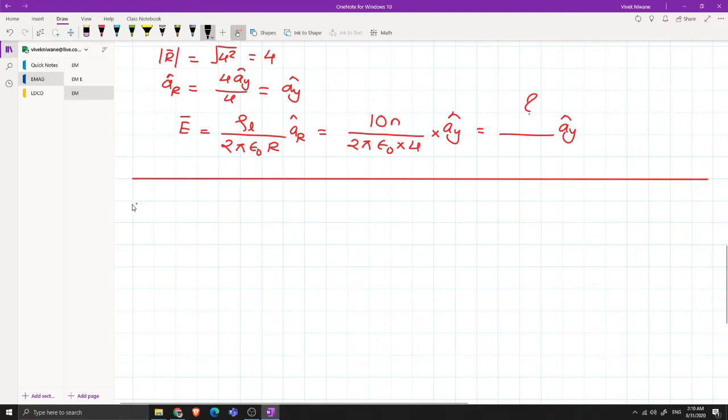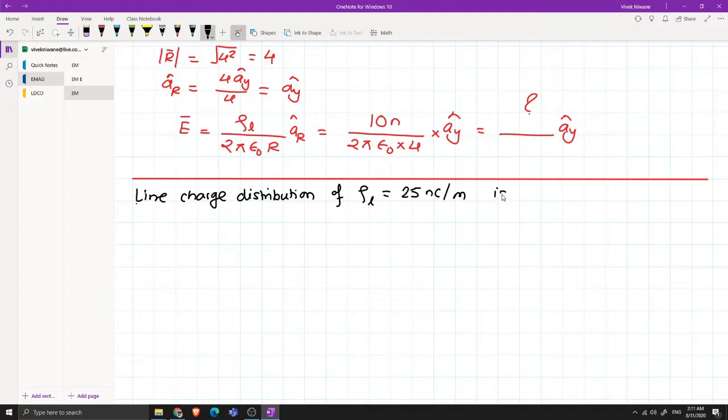So we will write down the second problem statement. Let us say that we have a line charge distribution rho L equal to 25 nanocoulomb per meter, described by x equal to 2 and y equal to minus 1 meter.